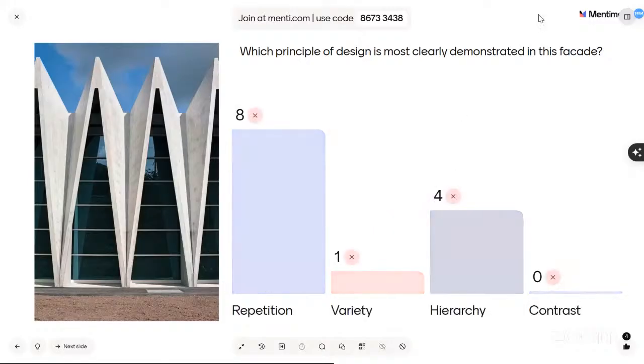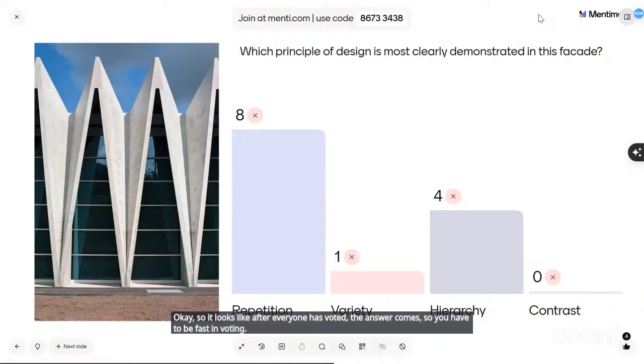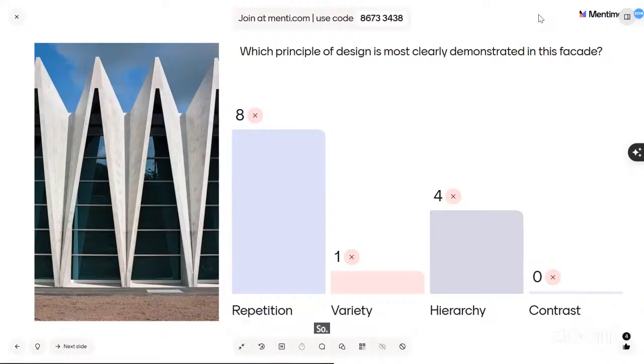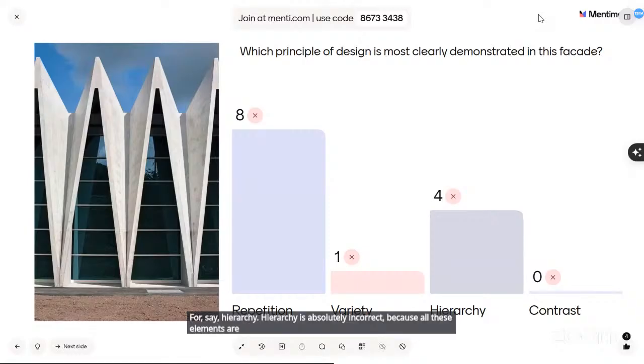Okay. So it looks like after everyone has voted, the answer comes. So you have to be fast in voting. So repetition, yes. 8 of you have said repetition. 1 says variety. 4 say hierarchy. Hierarchy is absolutely incorrect because all these elements are same.